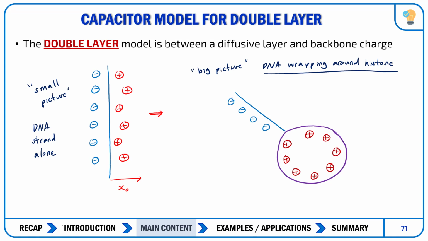So as the DNA wraps around the histone, so let's go this way, going in this direction, it's going to maintain that negative charge all the way around because it's being neutralized by the positive charge on the histone.